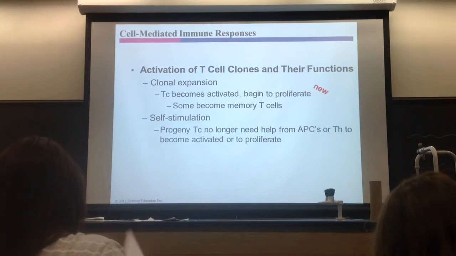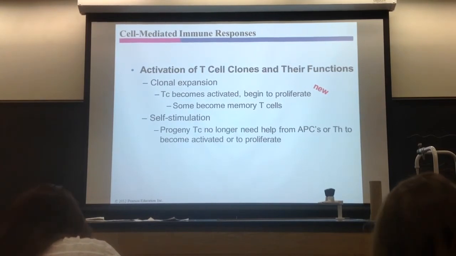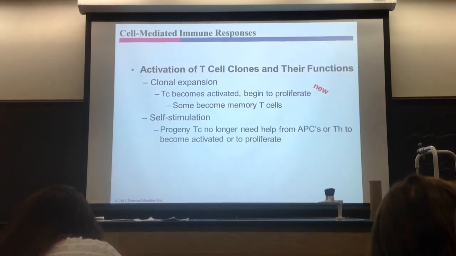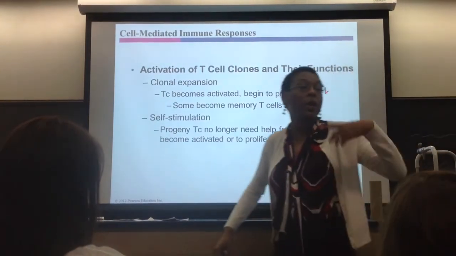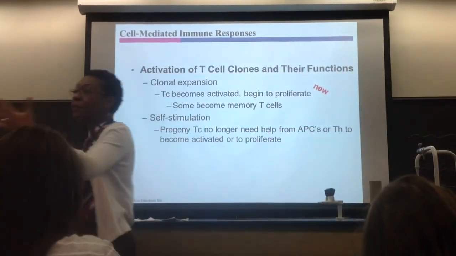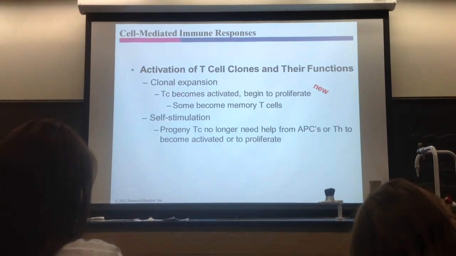Okay, so when TC is activated, how did he become activated? I'll tell you right now, he got a signal from TH helper 1. You got to say 1. At this point, TH helper 1 is going to activate TC. So TC gets the signal from TH1 to say, hey, turn on, make copies of yourself, get activated, we got a battle going on. And keep in mind, at the point TC is activated, he is now ready to attack.